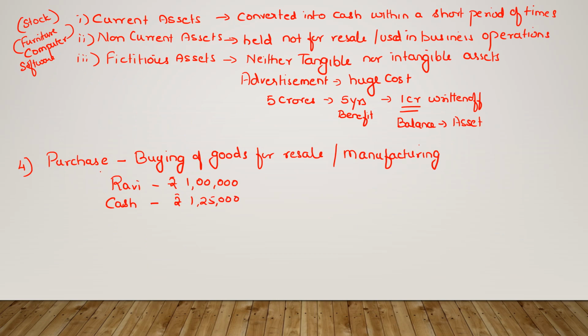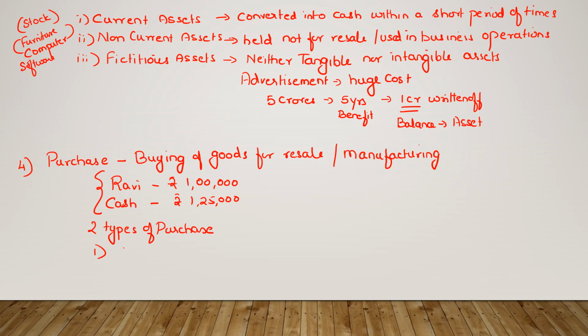So these two together form the purchase of the business. But from this we understand further that you can make two types of purchase. What are the two types of purchase?